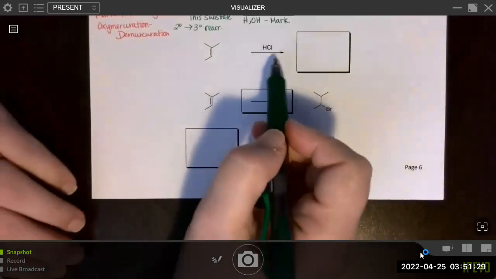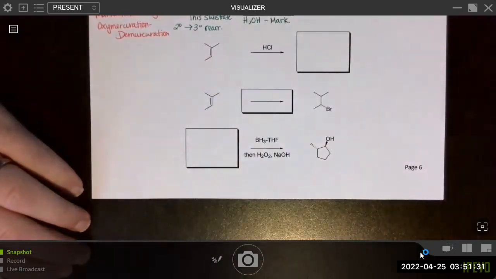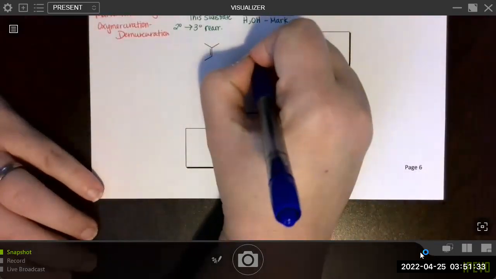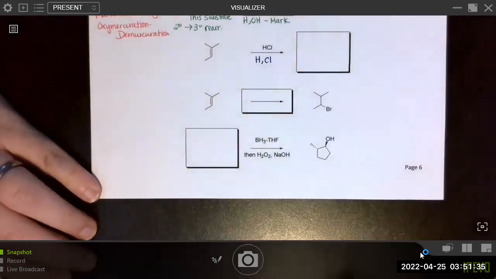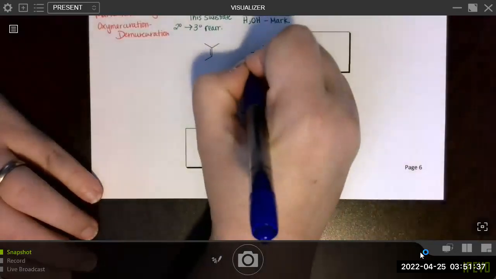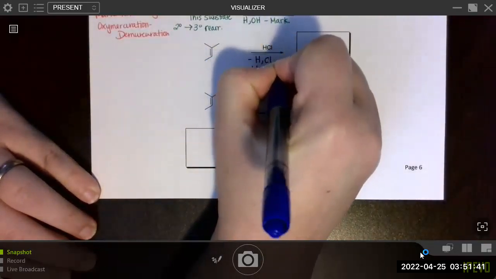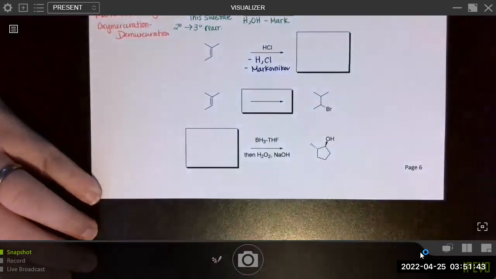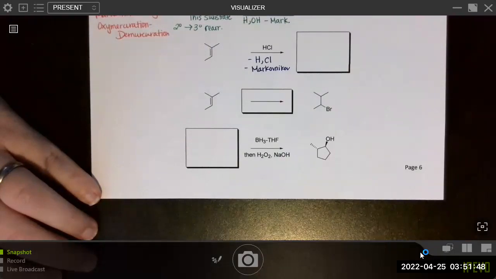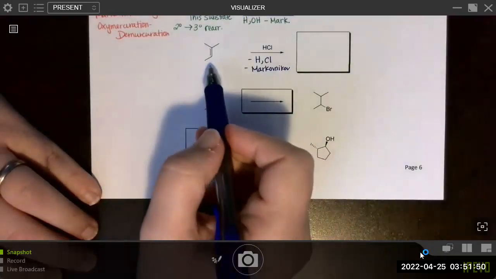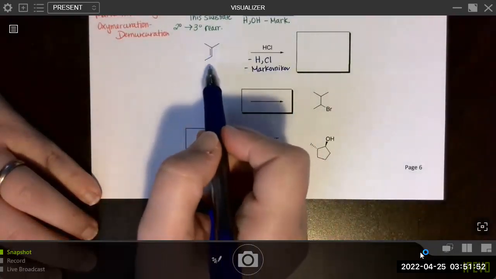So with this substrate here, what would get added across the double bond? We're adding H and Cl. There's no peroxides mentioned, so this will be Markovnikov regioselectivity, and there's no stereoselectivity in this reaction. But that doesn't matter because we're not even forming a stereocenter.